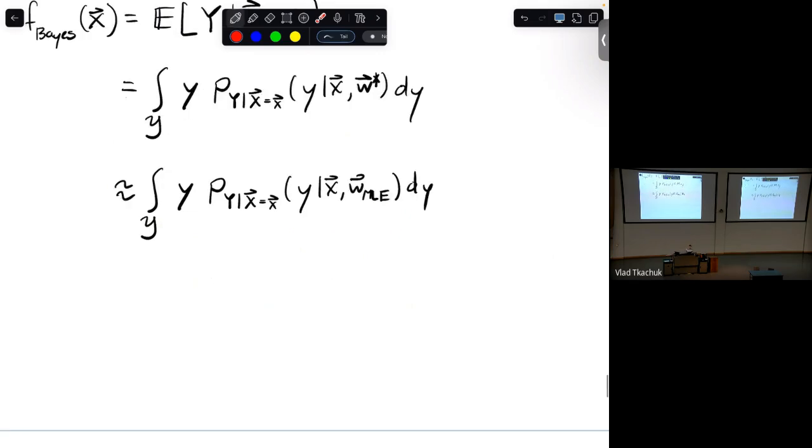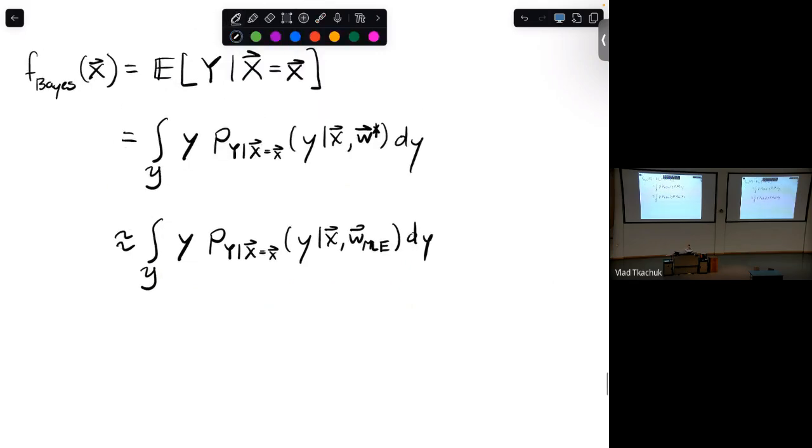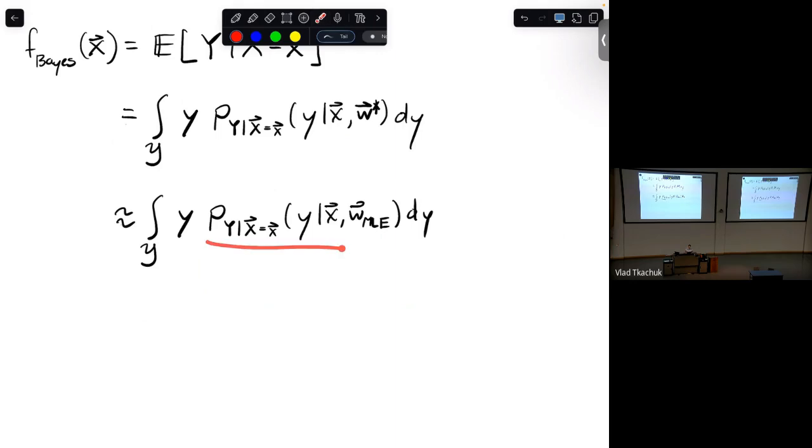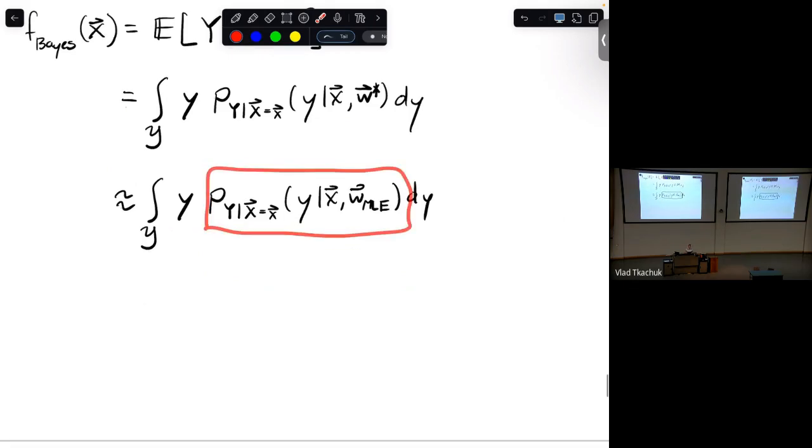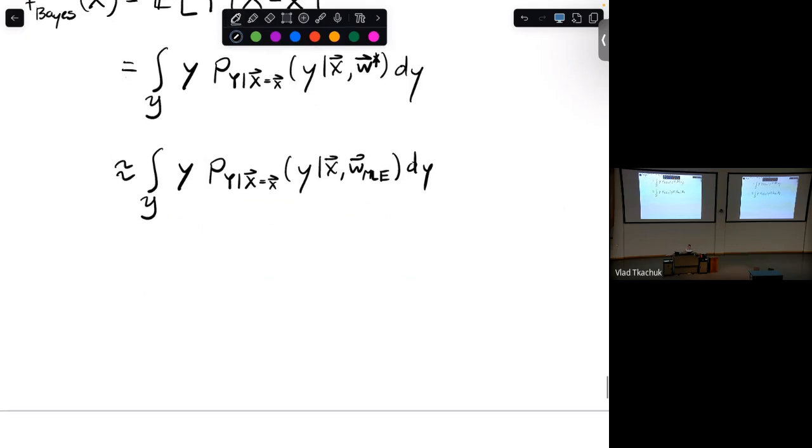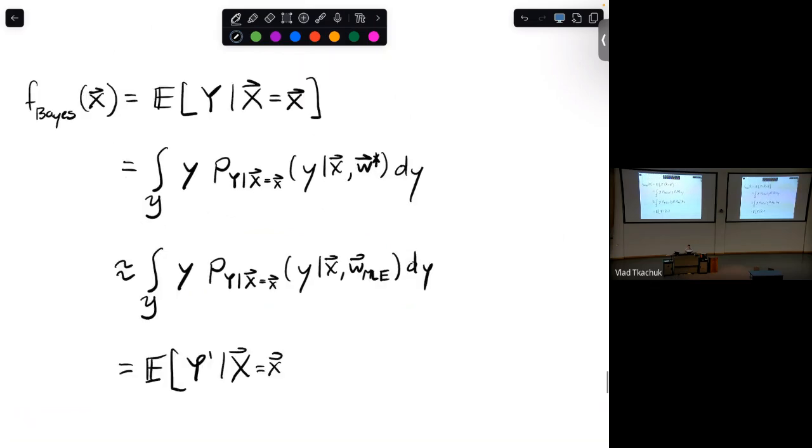And what does that give us? Well, if this is a different PDF, then this looks like the expected value of some random variable y given x with the following PDF. It's exactly equal to the expected value of some new random variable y prime given x equal to little x, just like above.